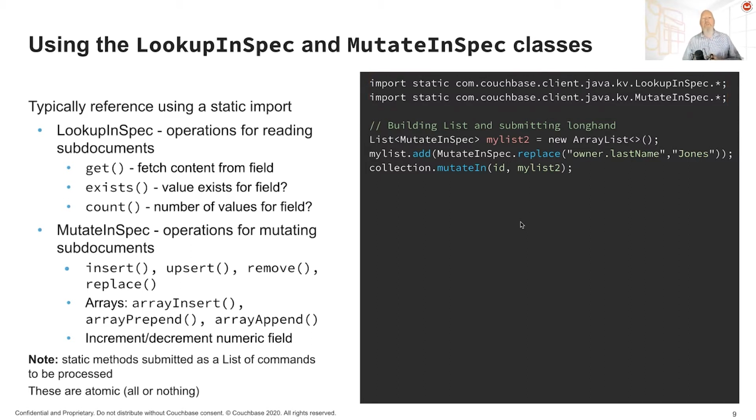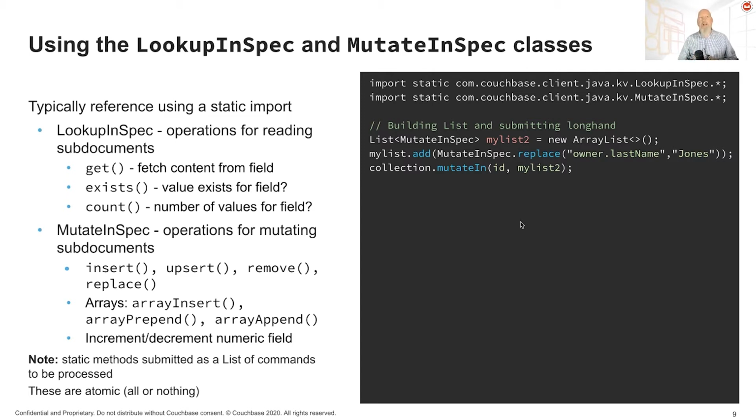Okay, so the thing that we're looking at here is the LookupInSpec definition and the MutateInSpec definition. Keep in mind that these are a list of operations that can be performed for their corresponding LookupIn or MutateIn method.